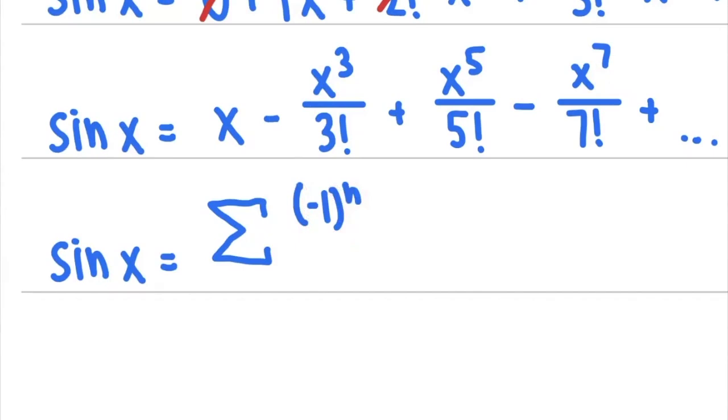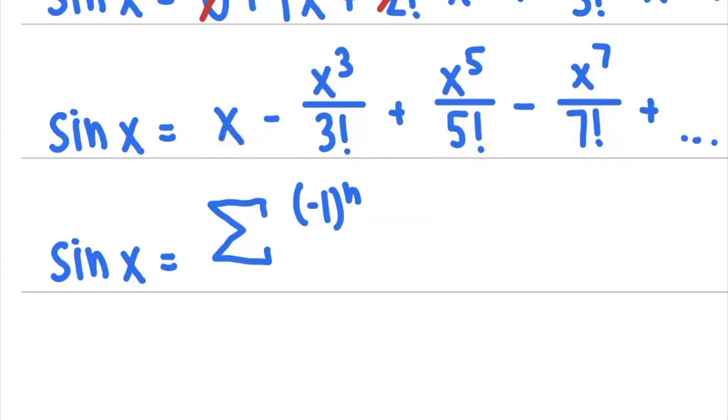Then -1 to the power of 1 is negative, -1 squared is positive. And we also have these odd factorials in the denominators. This is really like a 1 factorial here, which is 1. That's why I didn't write it down.